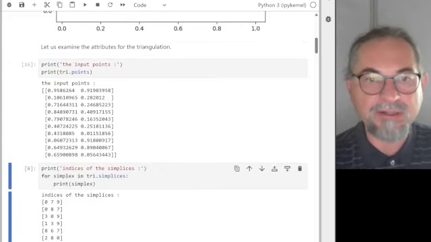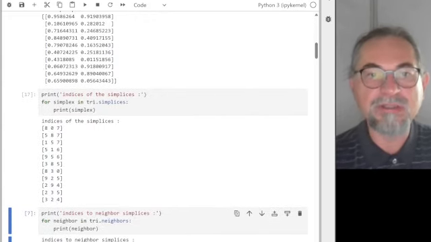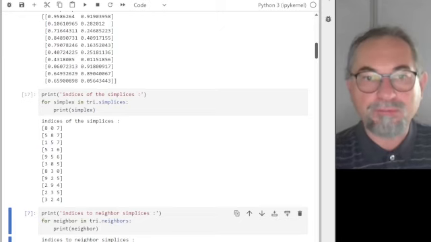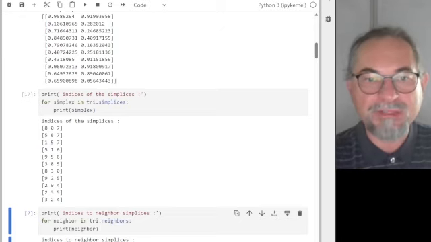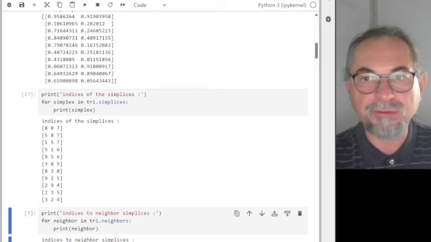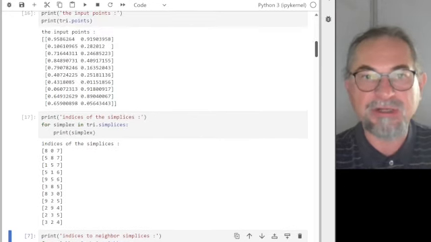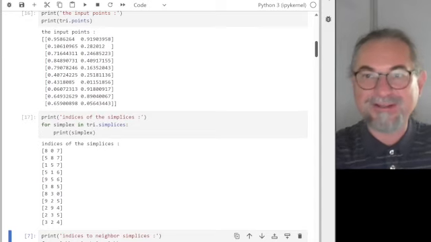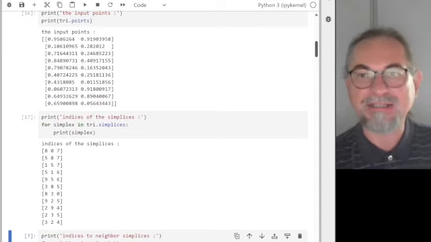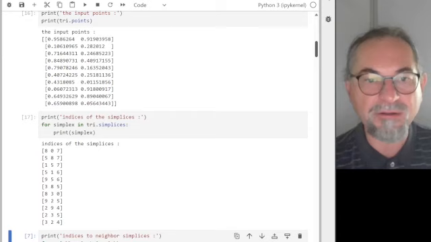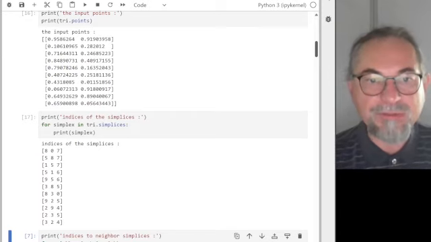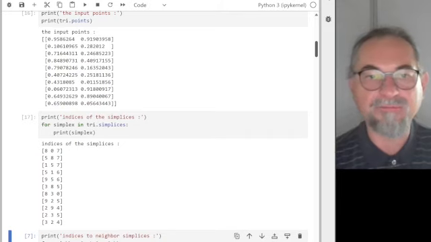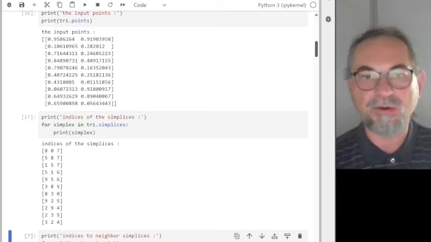Okay. There is much more that we can query. So we can query the coordinates of the points. The points are labeled from 0 to 9, so you can get all the simplices. They're called simplices because we are thinking actually in higher dimensions, but the simplex is a two-dimensional triangle here. So you see that the first simplex listed is made of the points 8, 0, and 7.